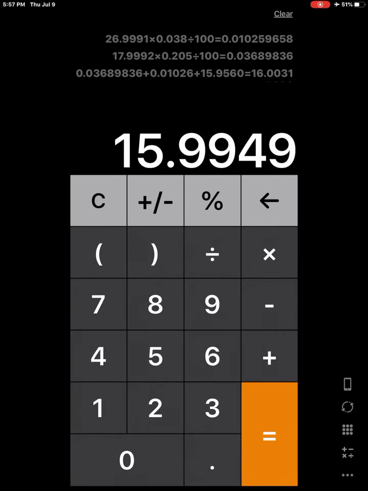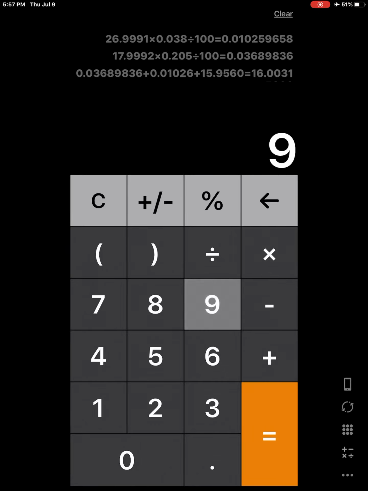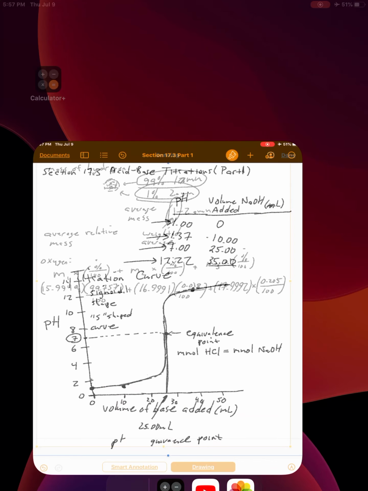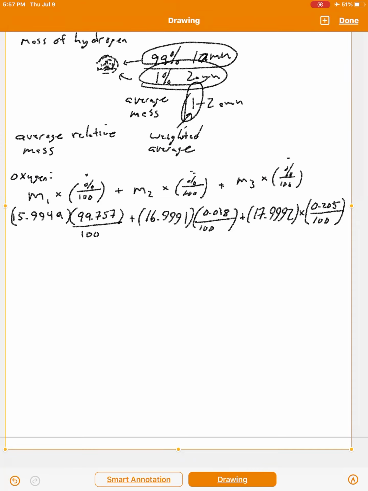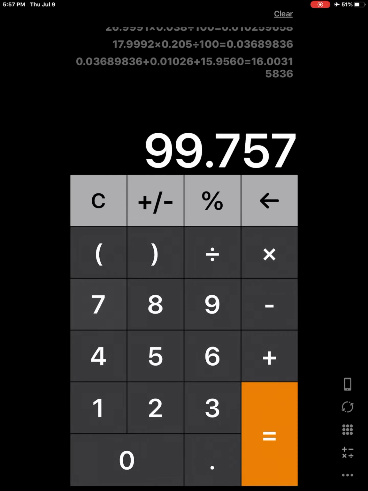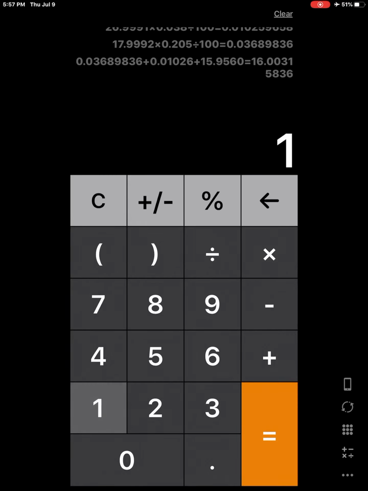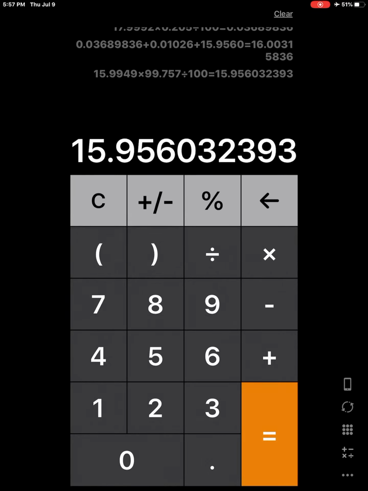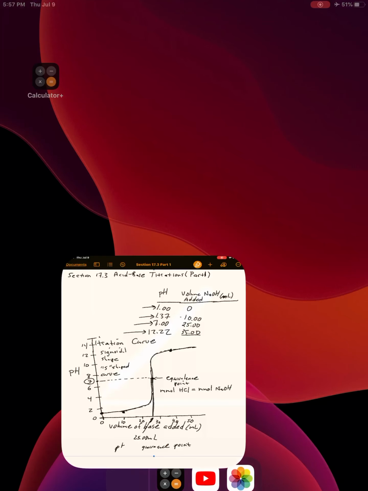15.9949 times 99 point, let's figure out what this is, 757. Divided by 100. And you get 15.9560.